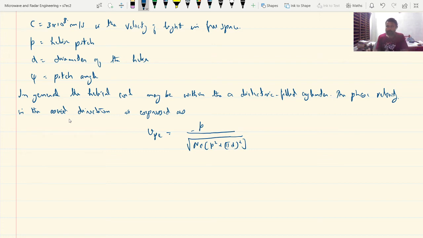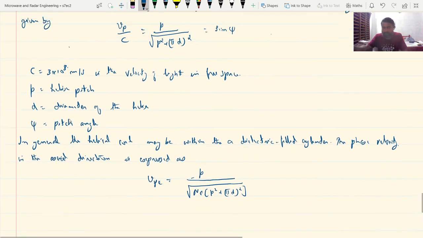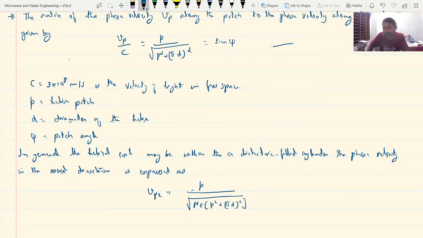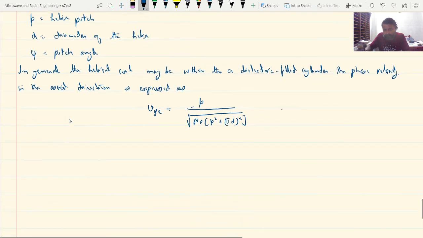I will call the first equation as equation number 1, and this as equation number 2. Clear?